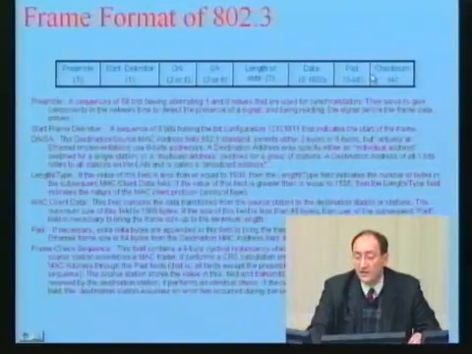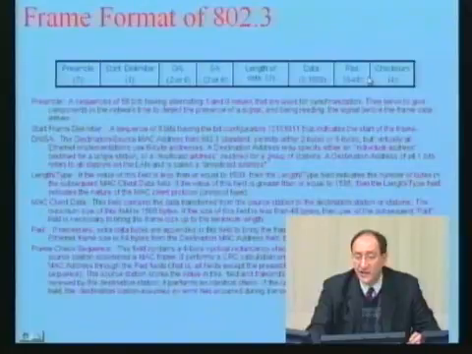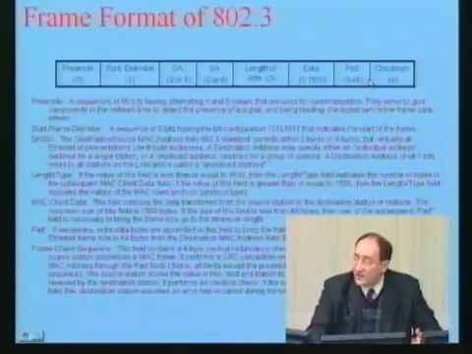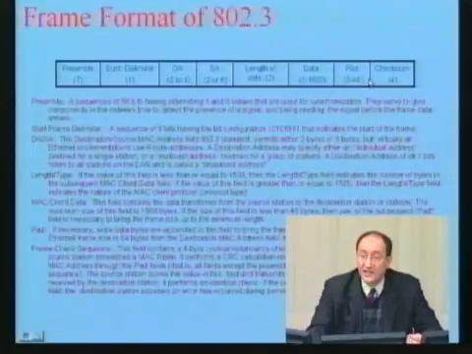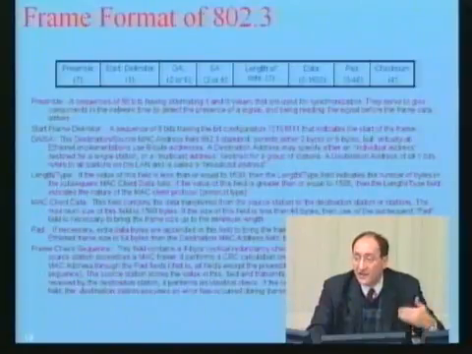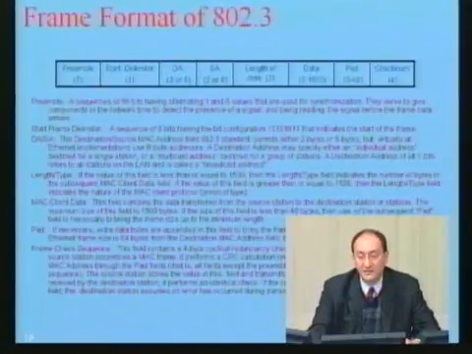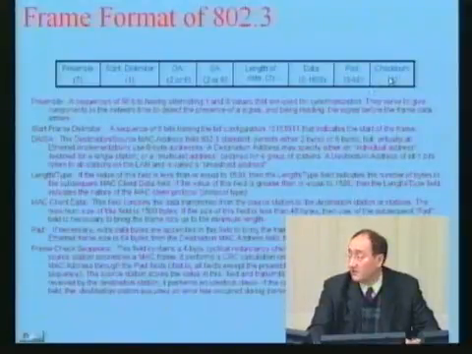What it does is take the bits after the preamble, up to the pad, and divide that by a 33-bit prime number, and find the remainder of that division, which is 32 bits, and that 32-bit remainder is the checksum that we have in here.